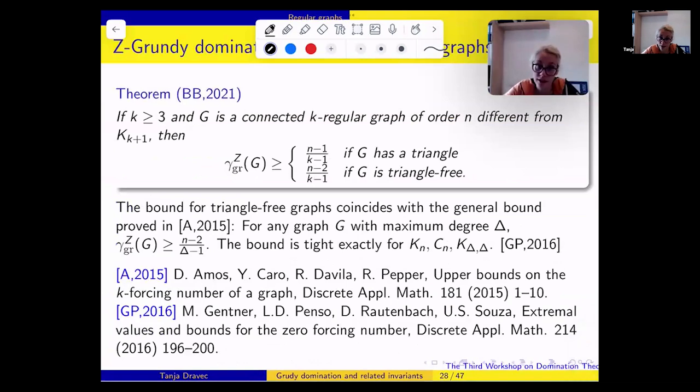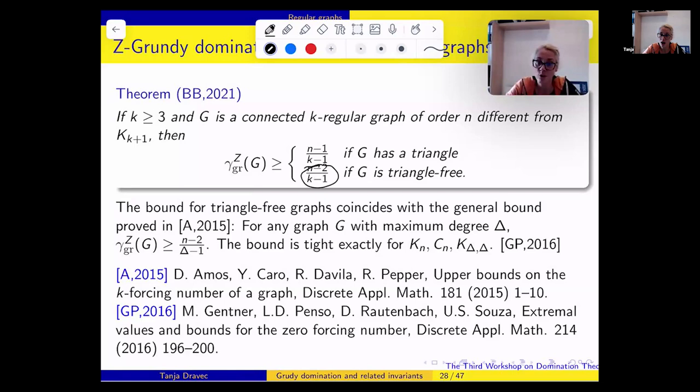Then the Z-Grundy domination number was also studied in k-regular graphs. Brešar and Breznik proved that if G is not the complete graph on k plus 1 vertices, then the Z-Grundy domination number is at least (n minus 1) over (k minus 1) if G has a triangle, and (n minus 2) over (k minus 1) if G is triangle-free. But this bound for triangle-free graphs is consistent with a more general bound that was proved in terms of the zero forcing number.